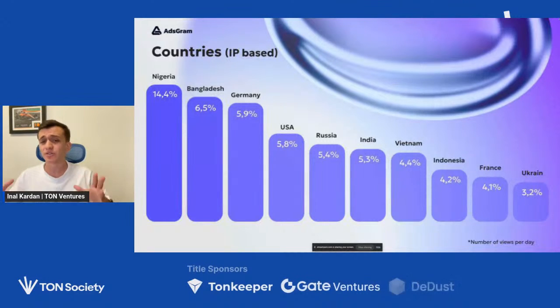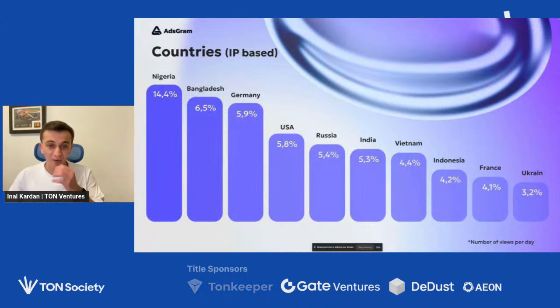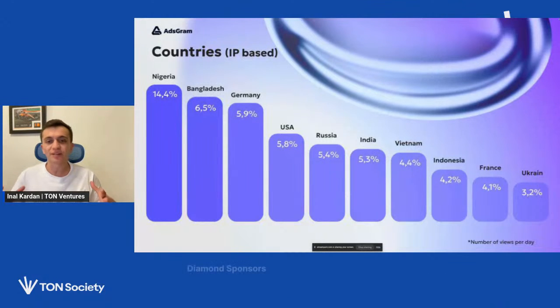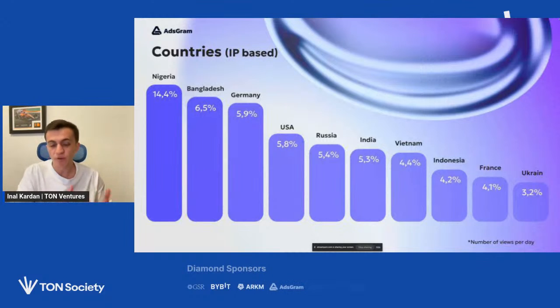I think it is important to say right now that unfortunately it is not that easy to track the performance of your ads. If you ask me, this is one of the best things that you could build right now in the TON ecosystem, a tool which will help founders to understand the performance of ad campaigns they launch through AdsGram or Telegram ads.